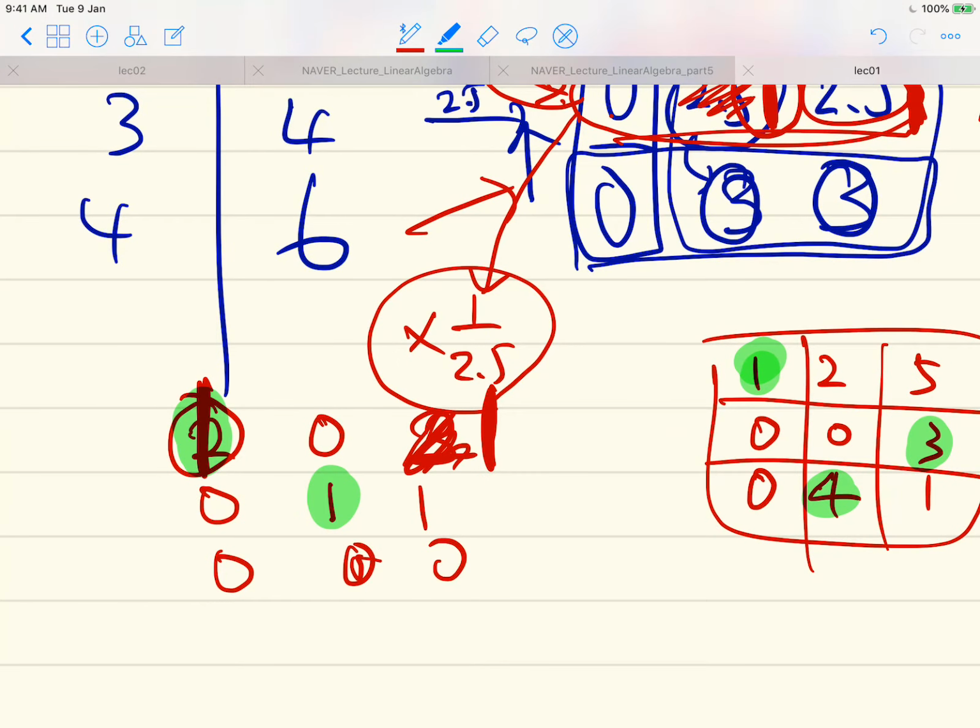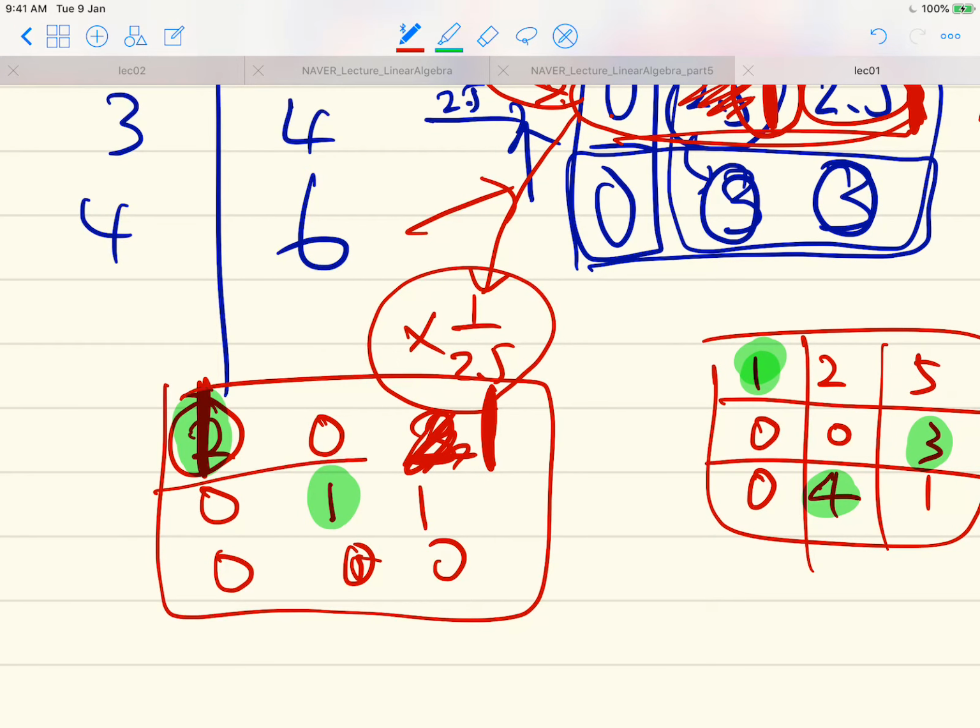So here, this is the result of our Gaussian elimination, and the first row has 1 here, and the second row has 1, the leading entry over here. And what about the third row? It doesn't have any non-zero value, so it doesn't have any pivot or any leading entry at all, right? And so we now find two pivots, the first one and the second.